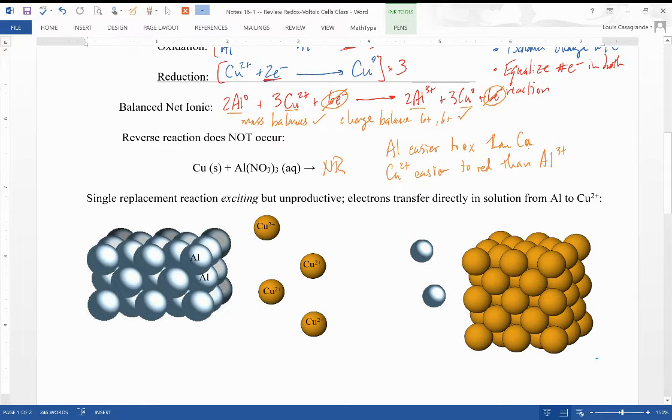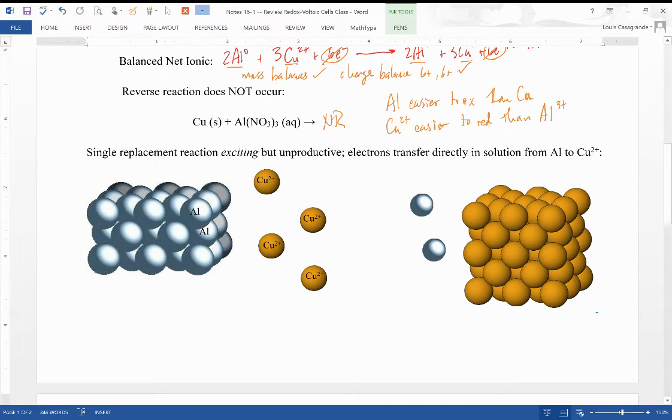So here is our beaker, and in the beaker we have some solid aluminum. So this is our solid aluminum here. And we have our aqueous copper 2 plus. And what happens is each aluminum has 3 valence electrons. So let's put in those 3 valence electrons.